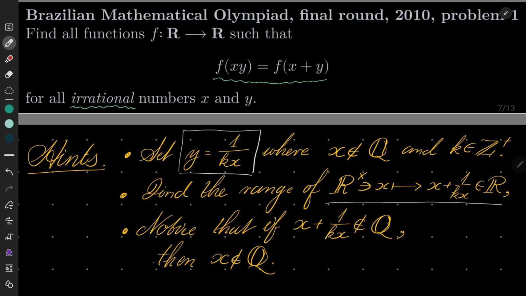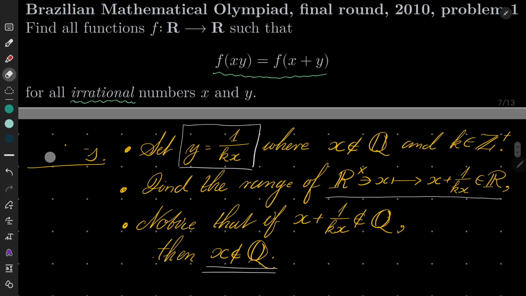And finally, notice that if x plus 1 over k times x is irrational, then x must be irrational as well. So give this problem a try and I will see you in a minute.